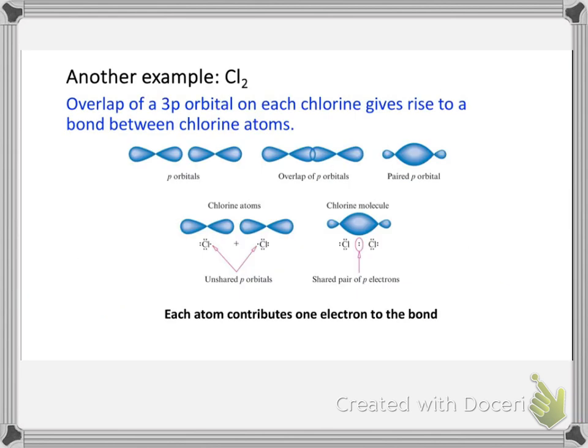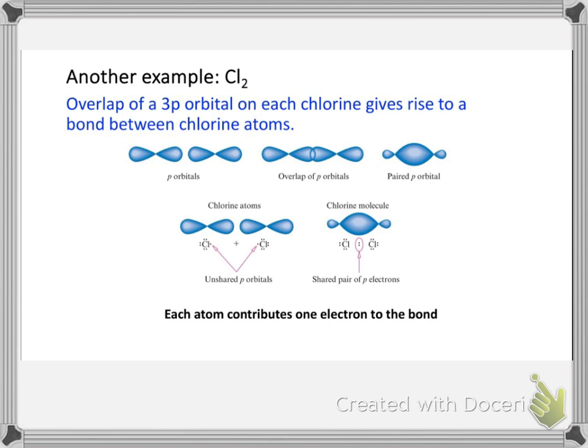Now, this is also an illustration. You don't need to be able to draw anything that's on this page. It is just, again, trying to connect those orbitals that we spoke about when we were reviewing electron configurations with the idea of sharing.